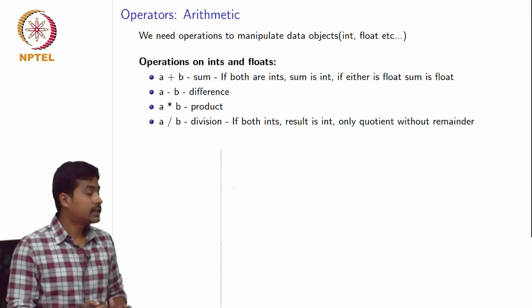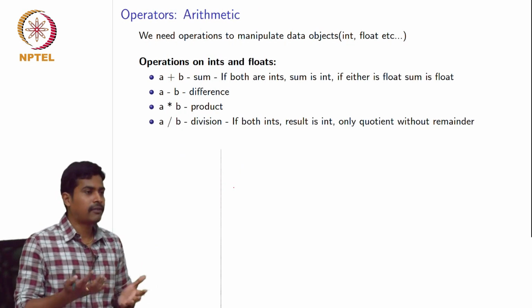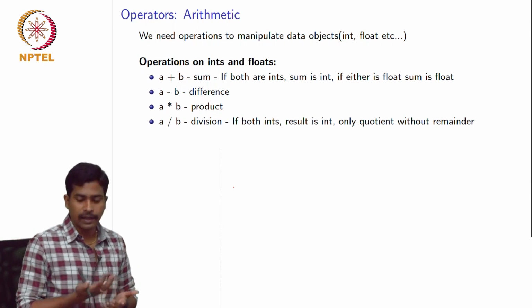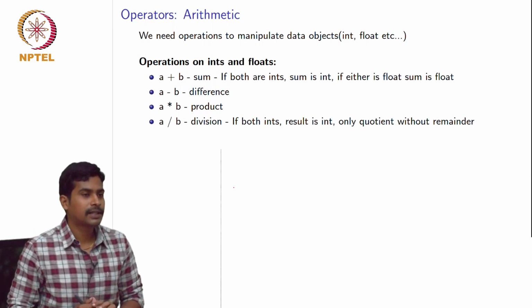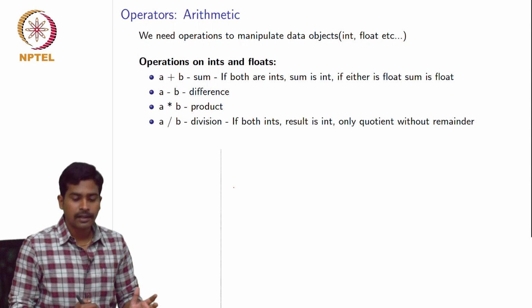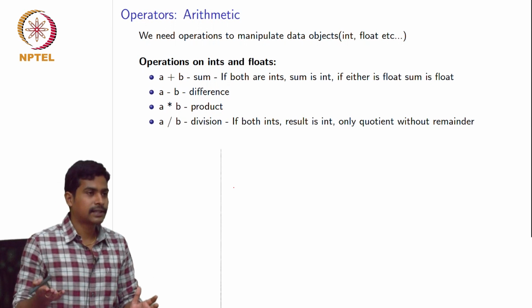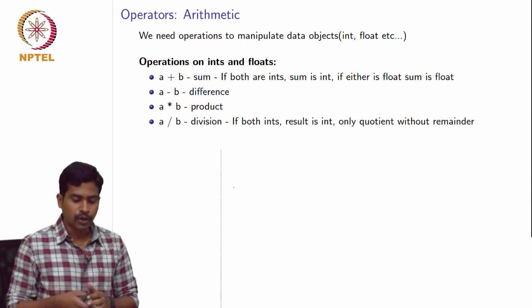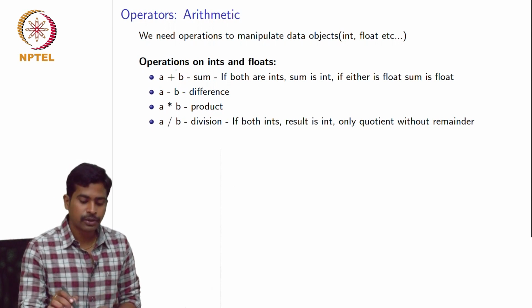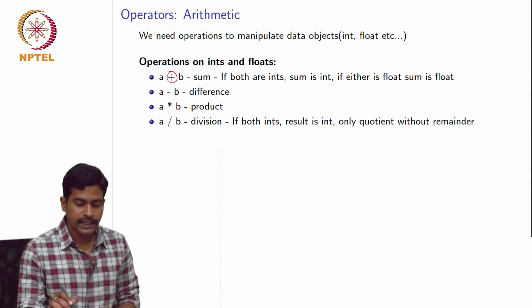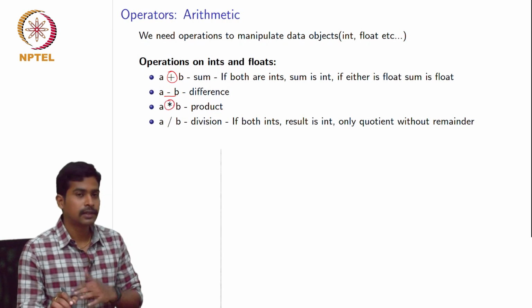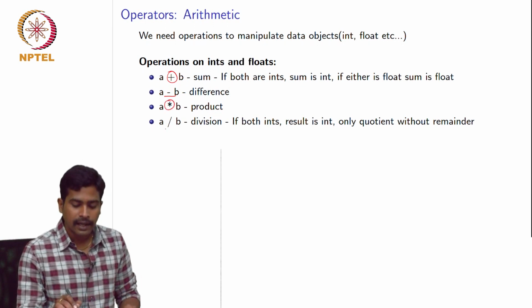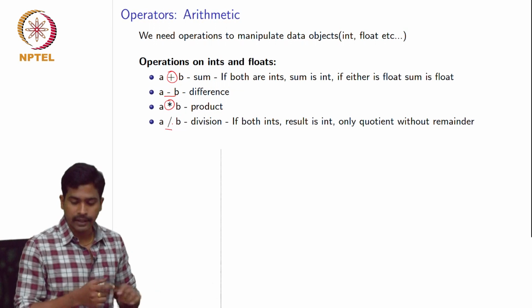We have seen variables and now we will go on to the types of operations that we can do on these variables. The first type of operations is called arithmetic operations. By name itself, arithmetic means addition, multiplication, division, subtraction and so on. These are the symbols used to do these operations in Python. Plus is addition, minus is subtraction, star is used for multiplication, and slash for division.